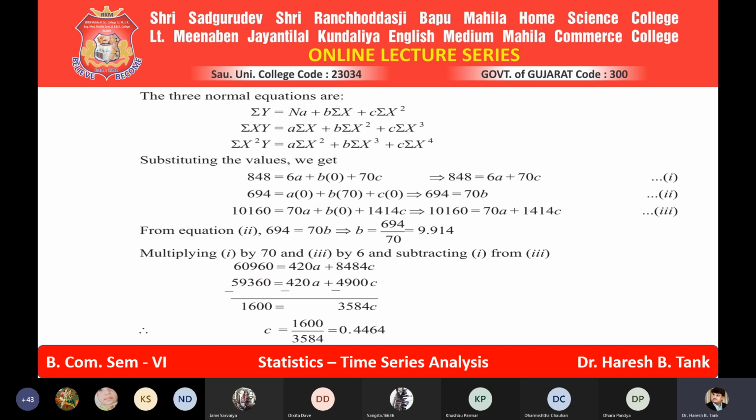If you solve these two linear equations having variables a and c, you will get the value of a as well as c. I can assume that all of you are very good at solving linear equations. C is 0.4464. Value of c is 0.4464. What is the value of a?